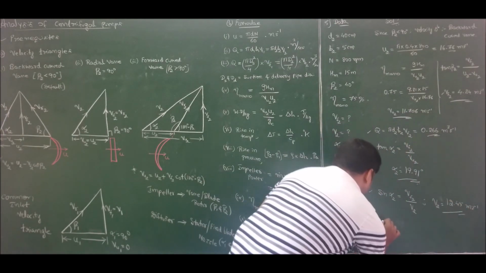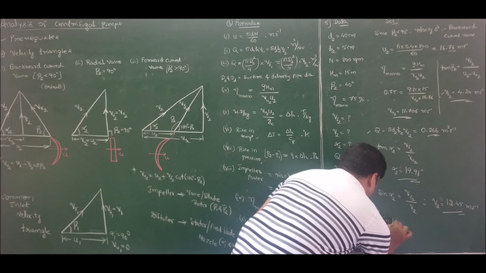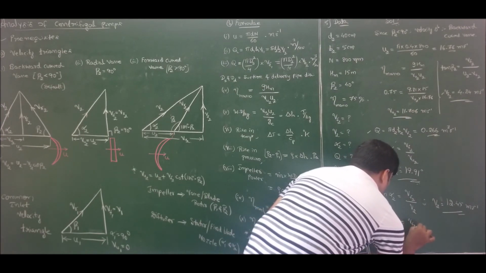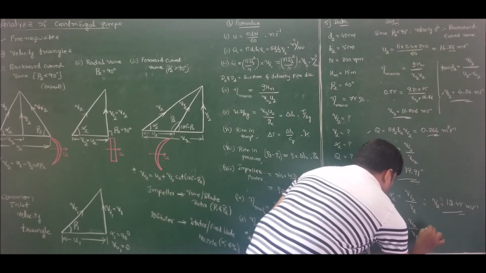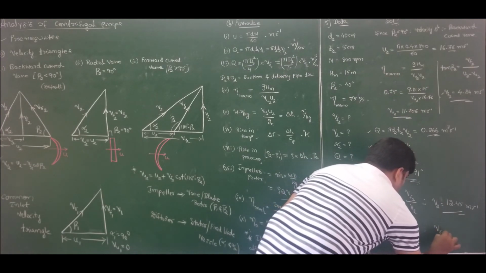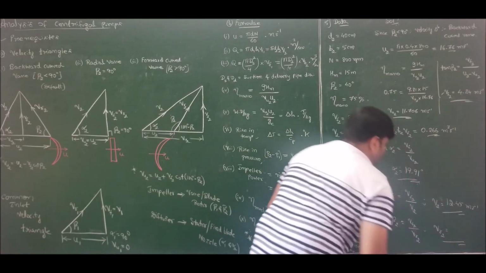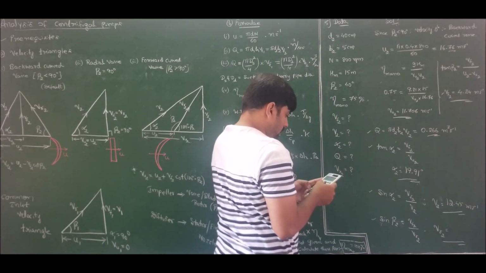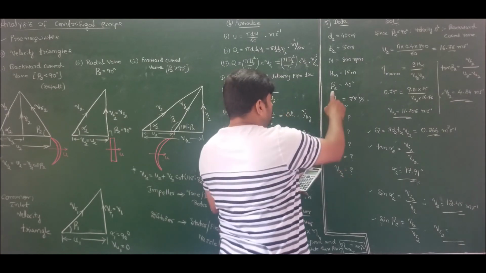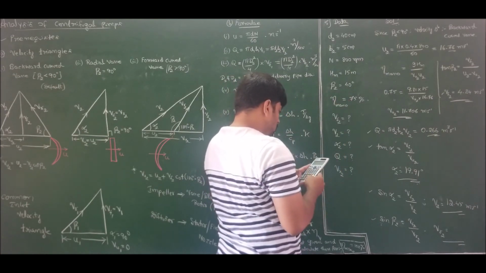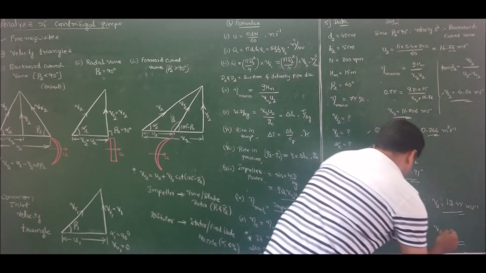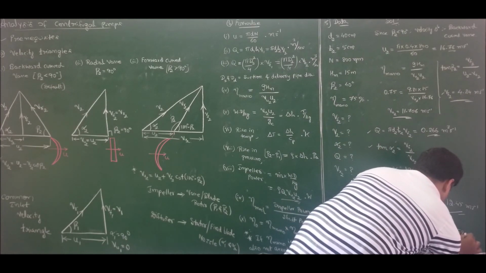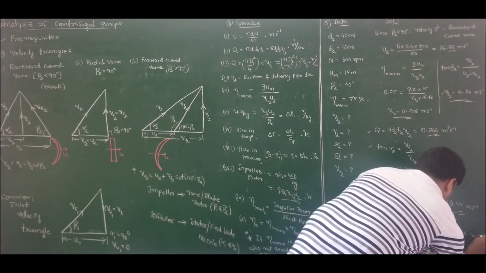Similarly, using sin beta 2, I can write it as VF2 by VR2. So we will get the value of VR2 as 4.24 divided by sin of beta 2, which is 40 degrees. Hence VR2 is 6.596 meters per second.